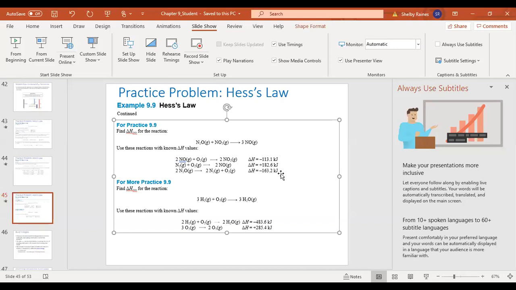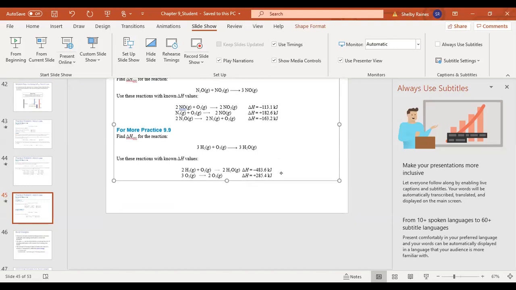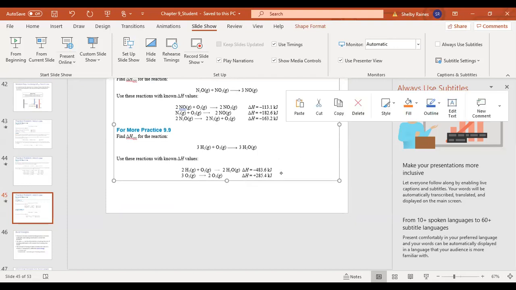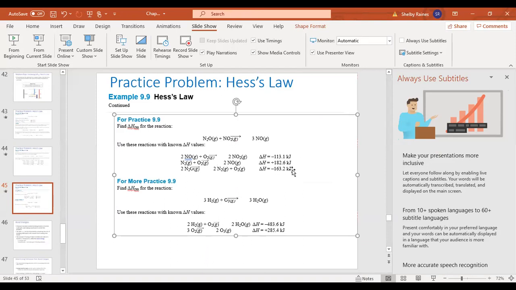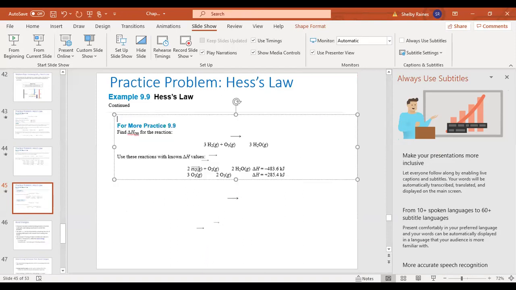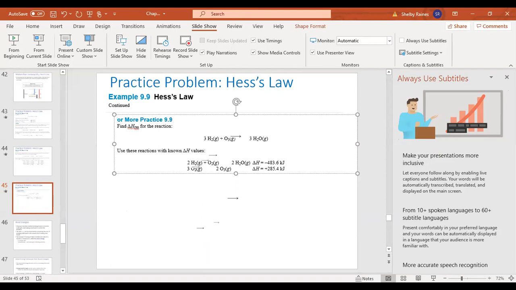Let me delete. I'm going to delete this top stuff. And we're going to do the bottom one instead. I don't like this example right here. These arrows don't ever move like they're supposed to.